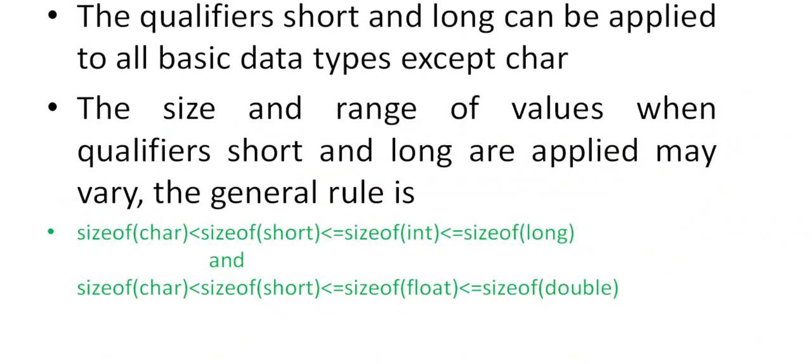The qualifiers short and long can be applied to all basic data types except char. Size and range of values change. The general rule is size of char is less than size of short, less than size of int, less than size of long. But sometimes short and integer may occupy the same amount of memory. Usually both occupy 2 bytes, but in some compilers integer may occupy 4 bytes and short 2 bytes.